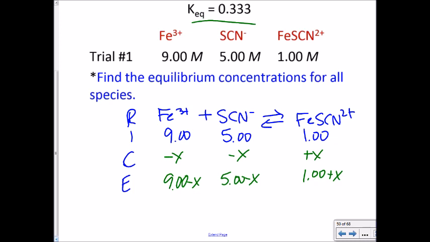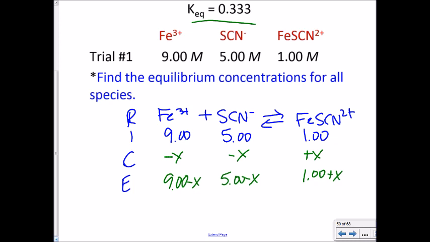And do remember here, just like we just talked about a minute ago, that if you come across two intersections on your graph, you always want to make sure you're selecting the one that doesn't come out with a negative concentration. So 5 minus x, this x value has to be less than 5.